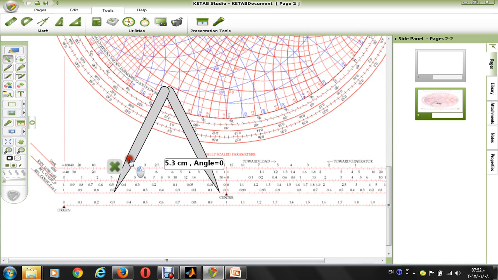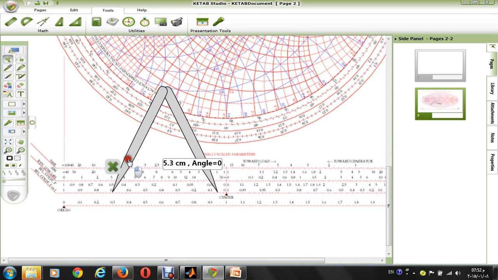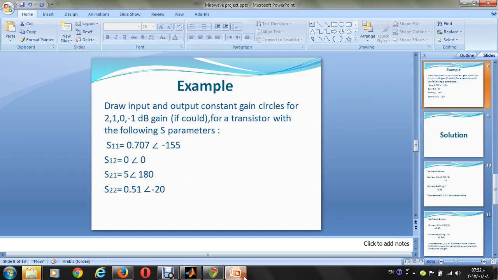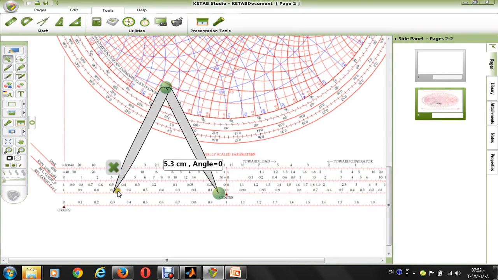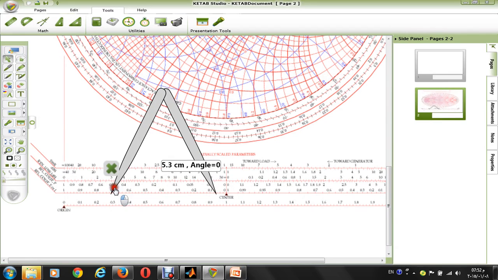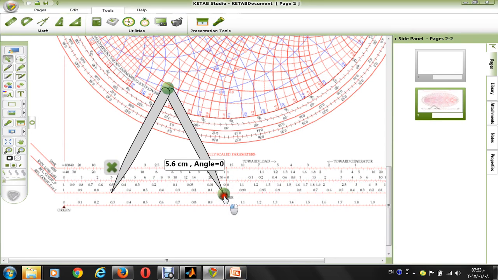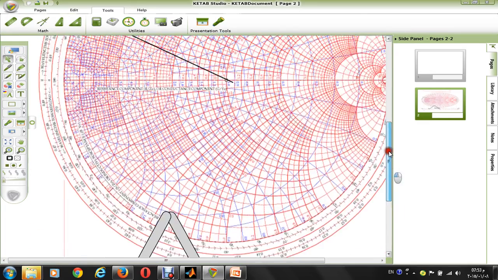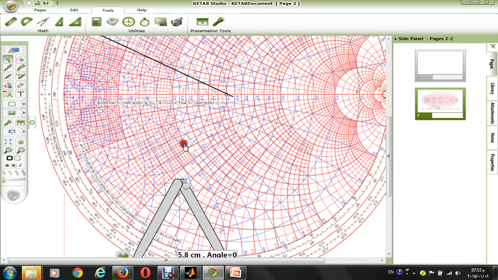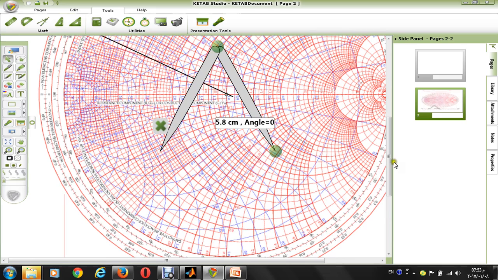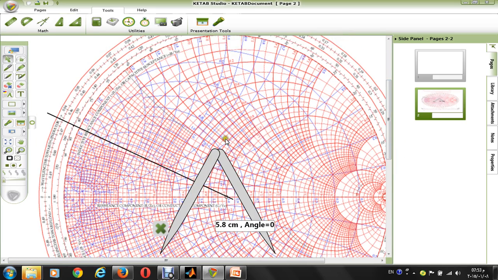Okay, it is 0.707, which means approximately 0.71. Okay, this is 0.71, and here it is. Now I go back to the line I drew.